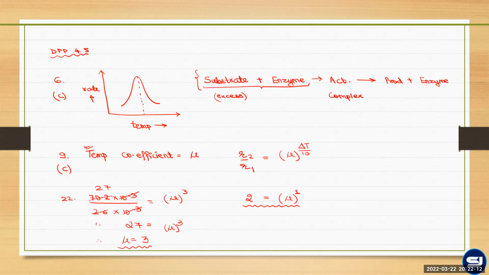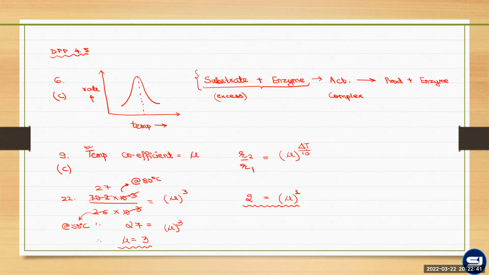So you're assuming delta T to be 10 degrees, no? No, no. Here the delta T is the temperature difference for the two rates. This is the rate at what temperature? 80 degrees. And this is the rate at what? 50 degrees. So here the difference in temperature will be related to 80 and 50. In the earlier question, you were told that rates are getting doubled for every 10 degree rise.